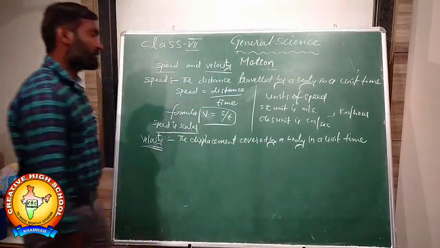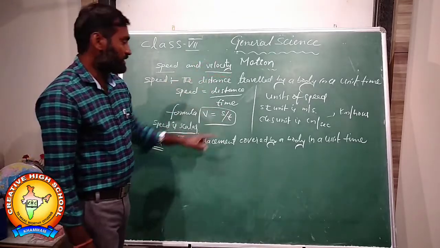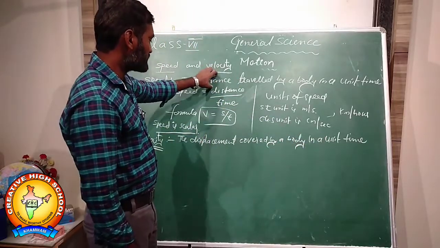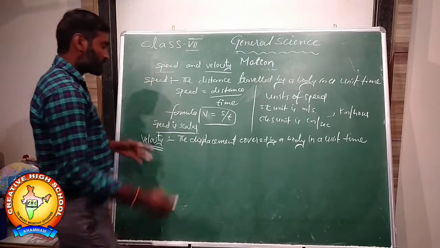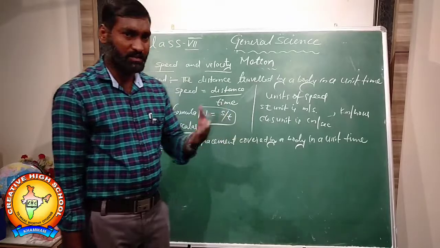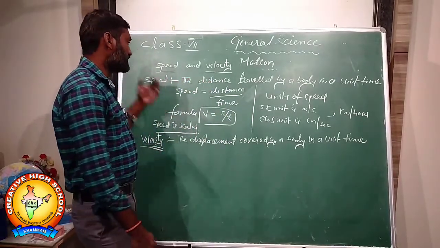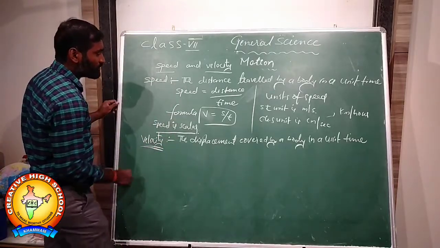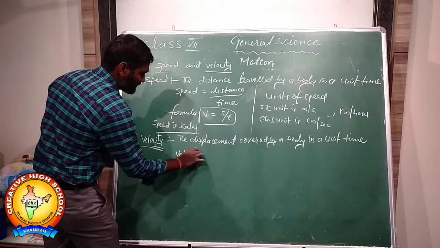Displacement covered by a body in a unit time. The distance traveled by a body in a unit time is speed; the displacement covered by a body in a unit time is velocity. You can also write it like this: the rate of change of displacement is called velocity, and the rate of change of distance is called speed. So the formula: velocity is equal to displacement by time.